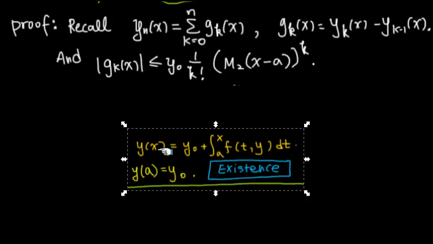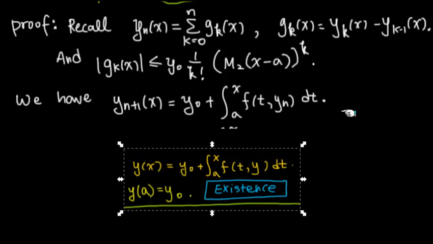Put the limit in the left-hand side and put it in the right-hand side. We'll also put this limit, n approaches infinity, and be a little bit careful with this integral operator. So here is the Picard iteration relation, and we're going to hit the limit n approaches infinity here, and the limit n approaches infinity to that side as well.